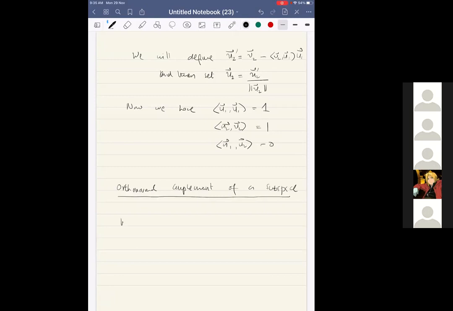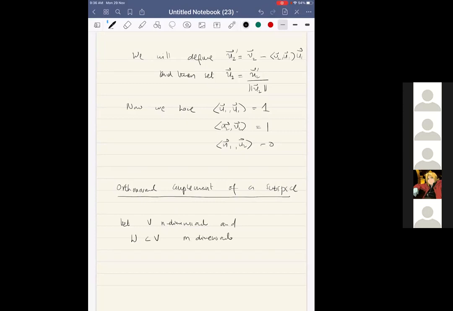Let V be an n-dimensional vector space, and W in V be m-dimensional.